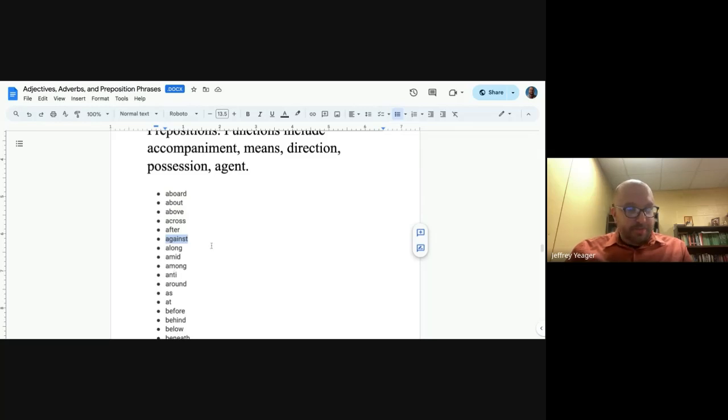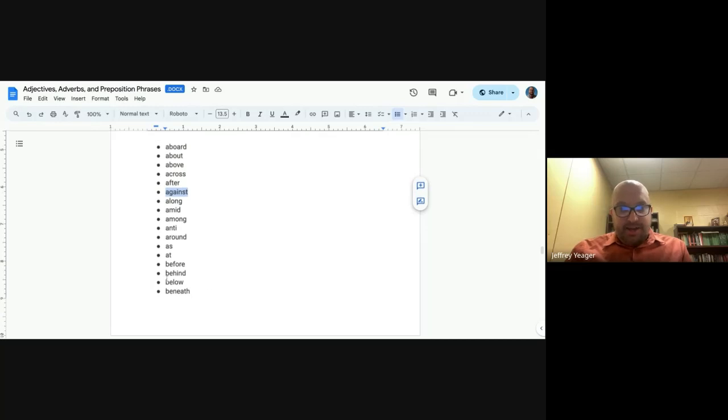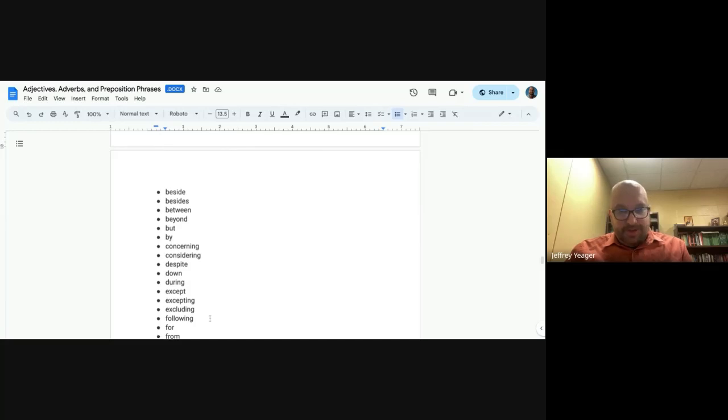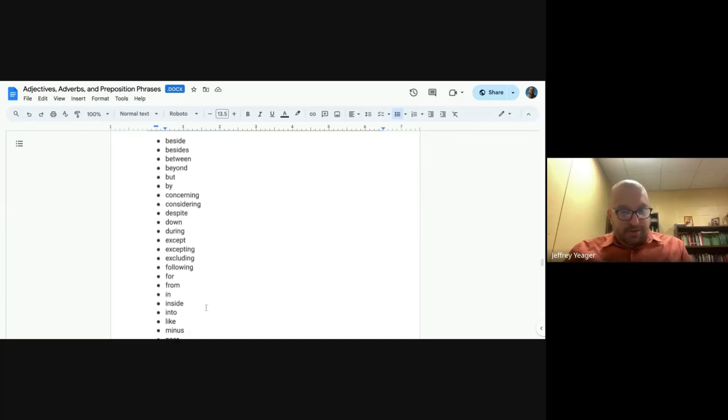Among other cats. Behind the window. Below the window. Beneath the window. Beside the window. Down the ramp. From the litter box. So you kind of see what I'm saying here, right?